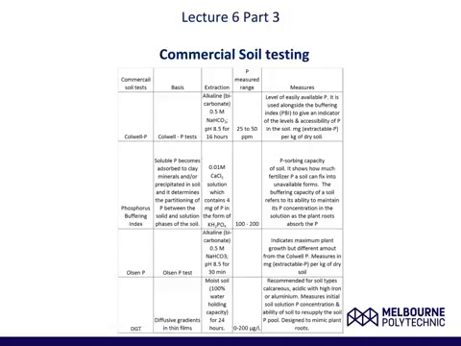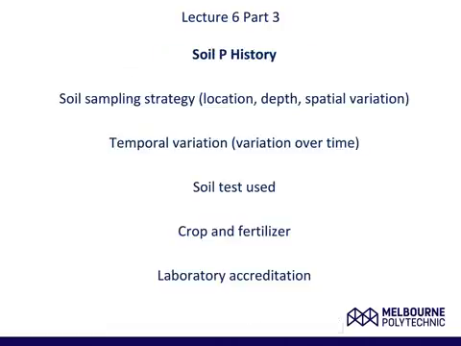This test can measure P values from 0 to 200 micrograms per litre and is recommended for soil types such as calcareous and acidic soils with high iron or aluminium. It measures initial soil P concentration and the ability of the soil to resupply the soil P pool. It is designed to mimic plant roots.